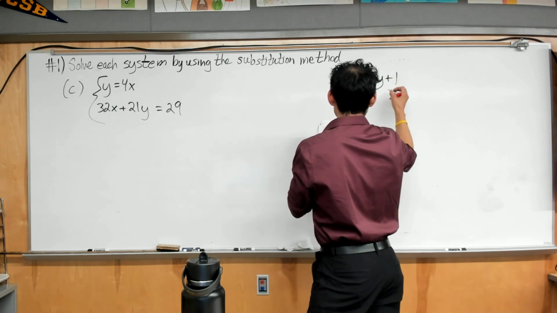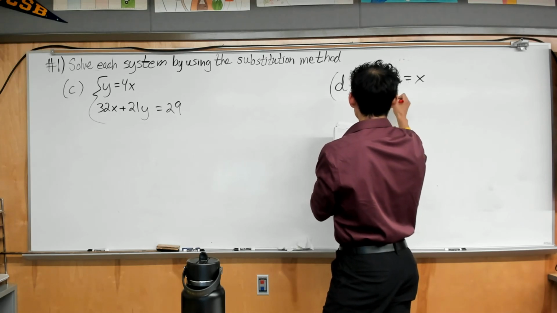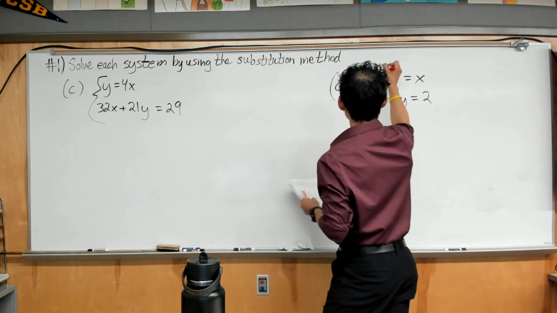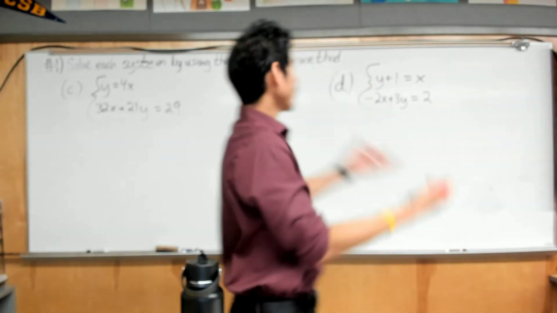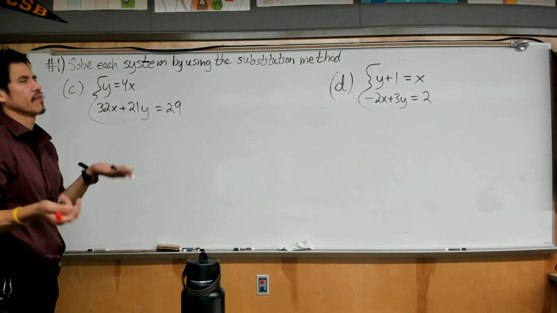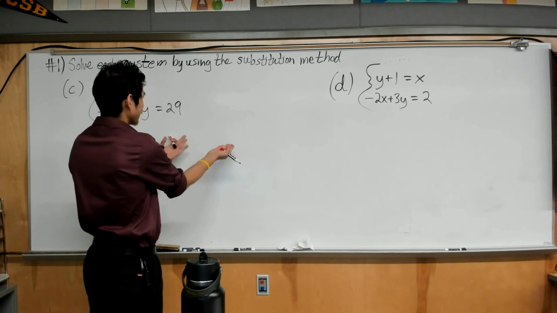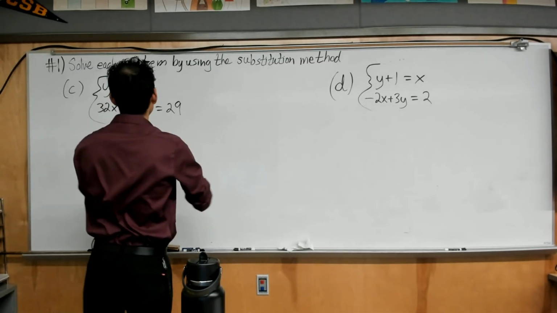Y plus 1 equals x, -2x plus 3y equals 2. Nice. So try them first, obviously, on your own. It's always good to try a problem on your own. And since this is a video, you can just pause it and then unpause it when you're ready to check the answer. But here I go.